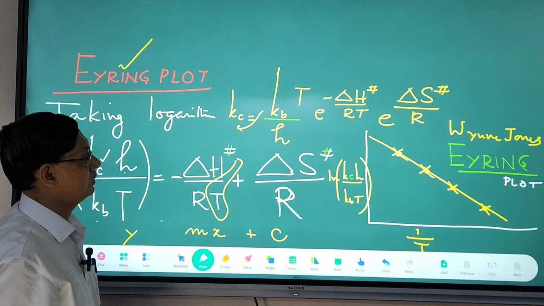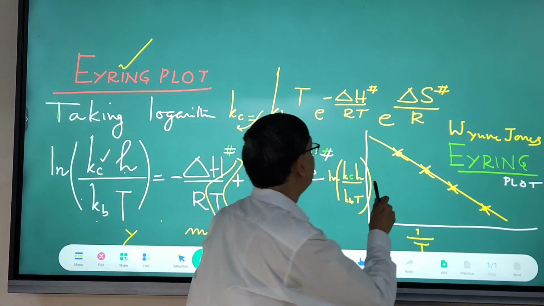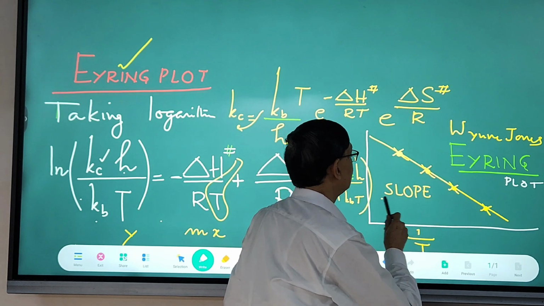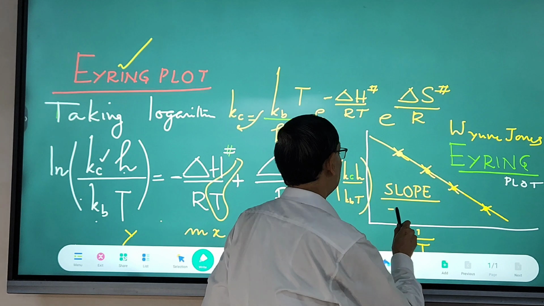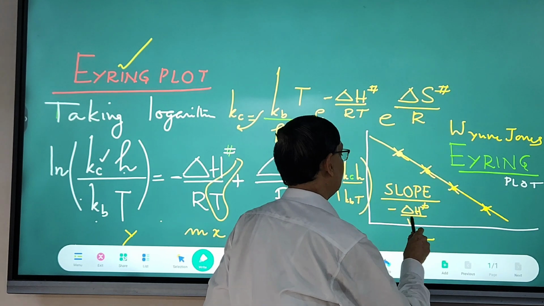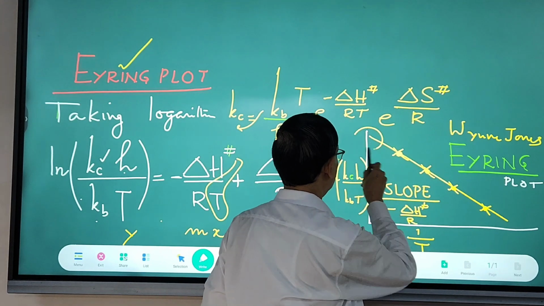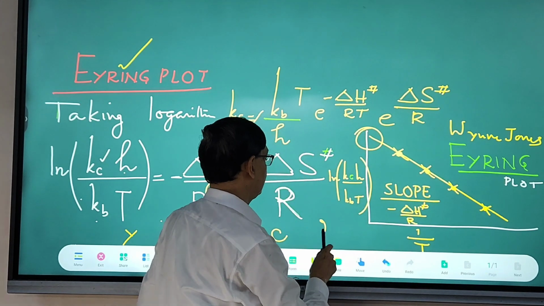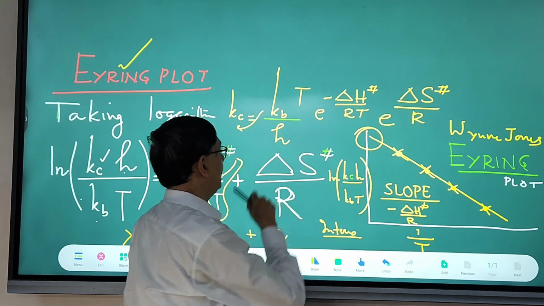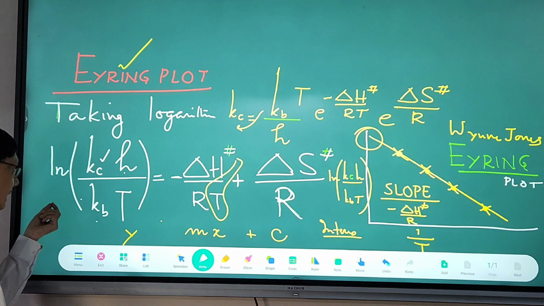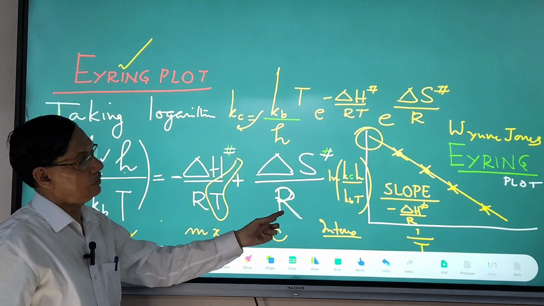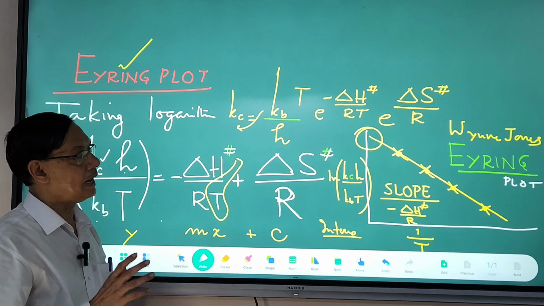So gradient or slope, whatever I am talking, will be minus delta H divided by R, and the intercept is the delta S by R. Now suppose if you write log base 10, so delta H is divided by 2.303 R, delta S is divided by 2.303 R. So this is called the Eyring plot.